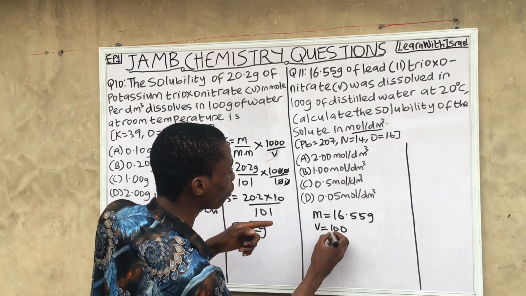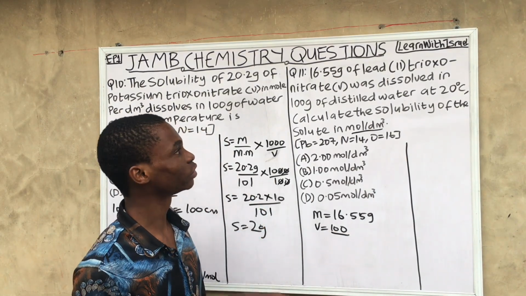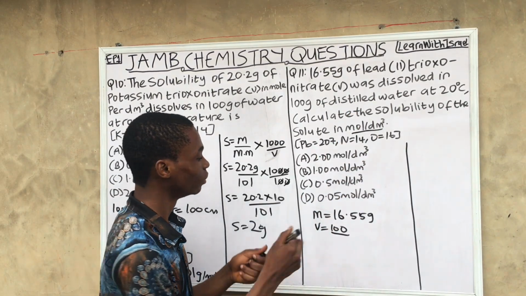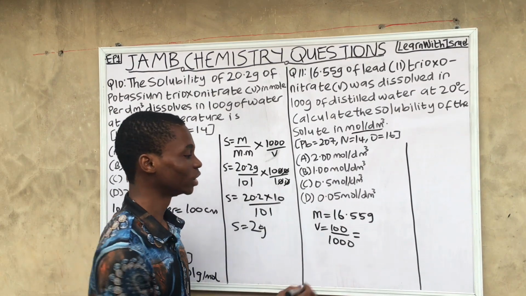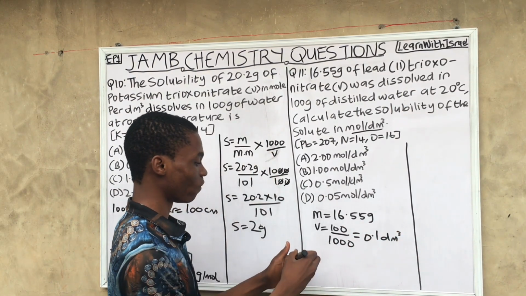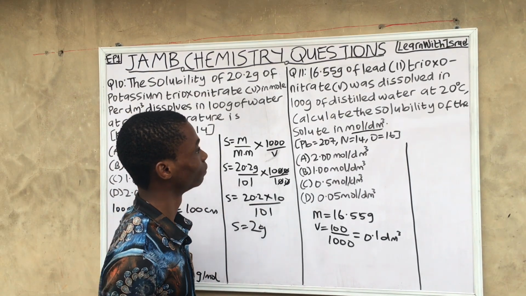And we have to convert this to dm cube because we are asked to derive the answer in mole per dm cube. How do we do that? We divide by 1000. So 100 divided by 1000 will give us 0.1 dm cube. So we already converted from centimeter cube to dm cube by dividing by 1000.